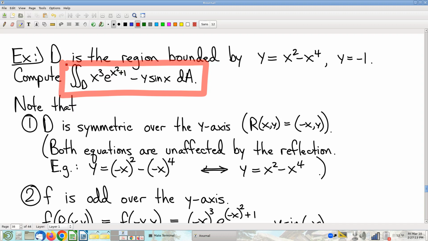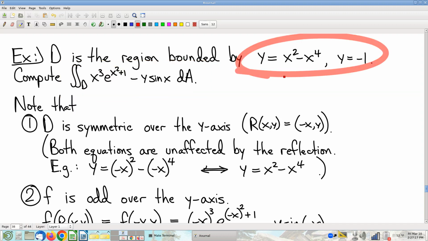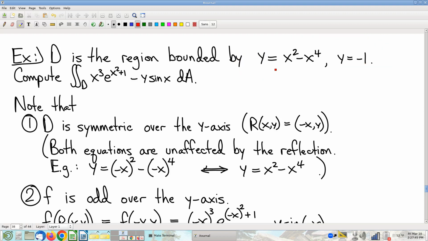And then it's further complicated by the fact that our region has some weird boundary curve that's quartic, which means that our bounds for that inner integral are going to have a quartic in there, and that means that when I plug that in, even if I could do that inside anti-differentiation, when I plug in the bounds, it's going to just get horrifying. Right? So I'm very scared to do this the old-fashioned way.